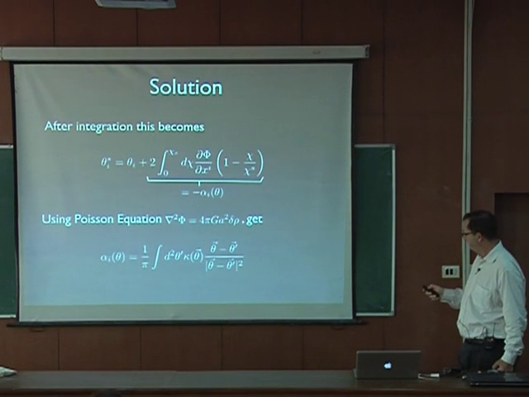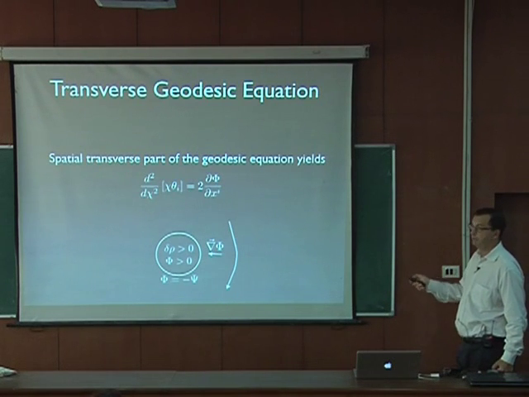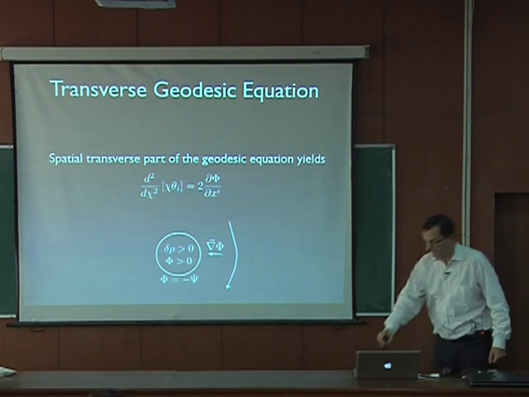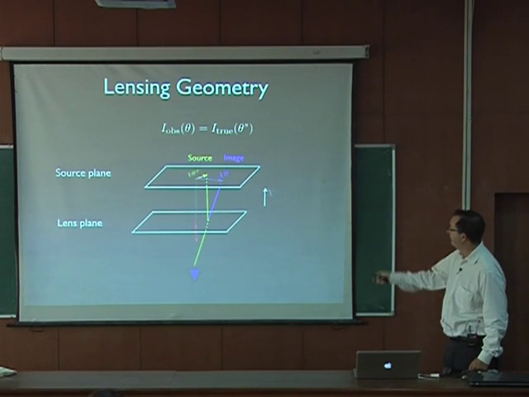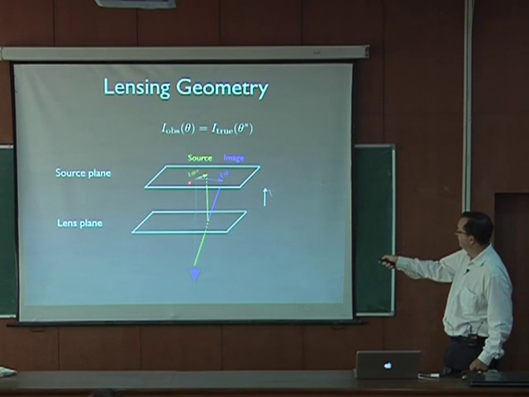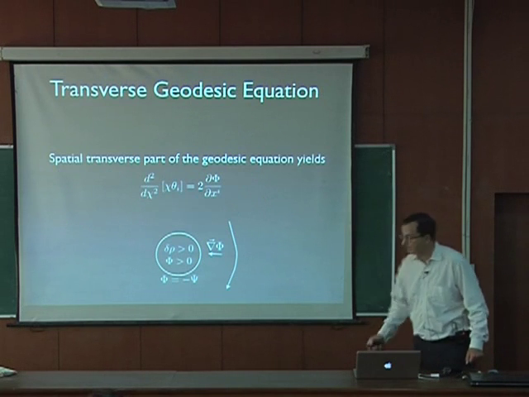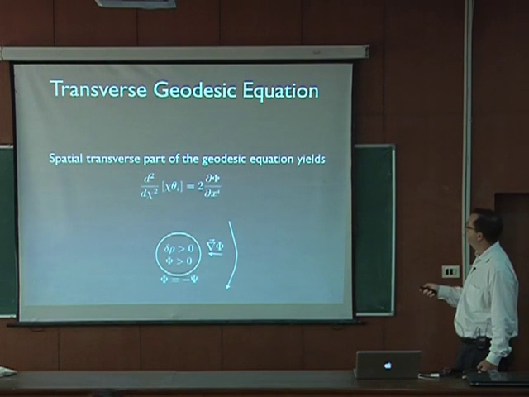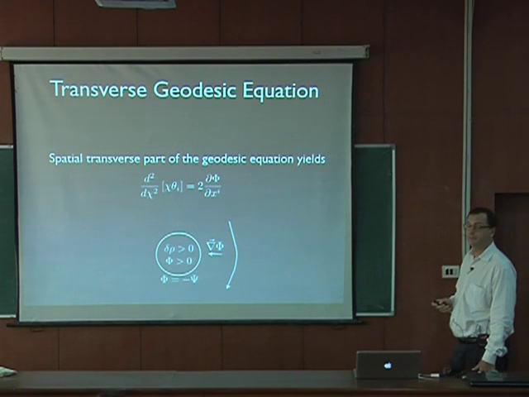If you look at the transverse part of the geodesic equation, you can boil it down to this relation: if you look at the transverse displacement of the photon, how much it is displaced from the vertical brown line, then the second derivative, which is some kind of acceleration in the transverse direction, is equal to 2 times the gradient of the potential phi.